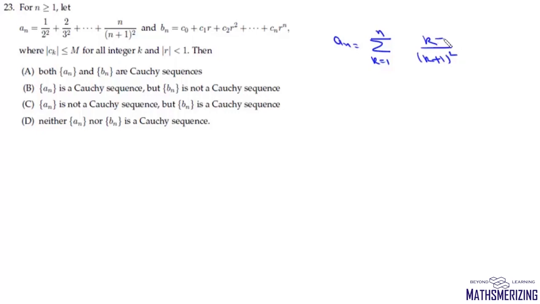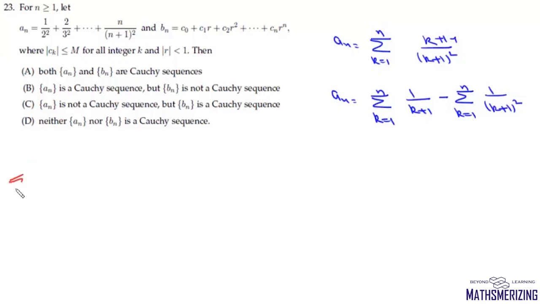Now what we'll do is we'll add 1 and subtract 1. We can write an as the summation k varies from 1 to n of 1 upon k plus 1, and then minus the summation k varies from 1 to n of 1 upon k plus 1 square.